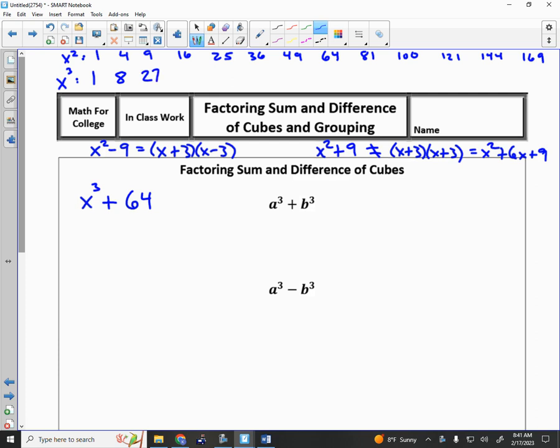4 times 4 times 4, see 4 times 4 is 16, times 4 more is 64. And 5 times 5 is 25, times 5 more is 125. And 6 times 6 is 36, times 6 more is 216. 7 times 7 times 7 is 343.